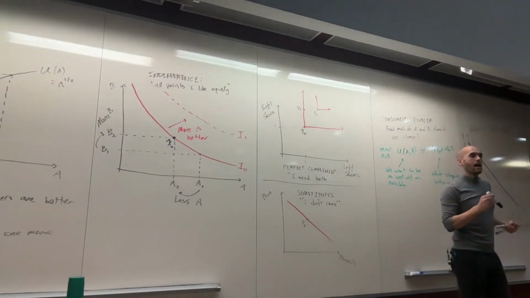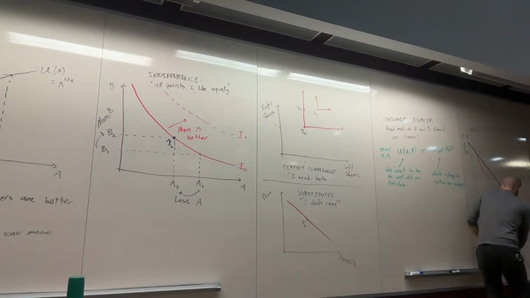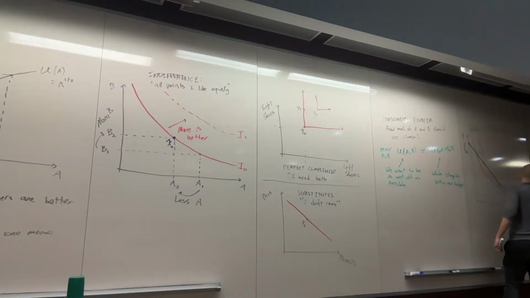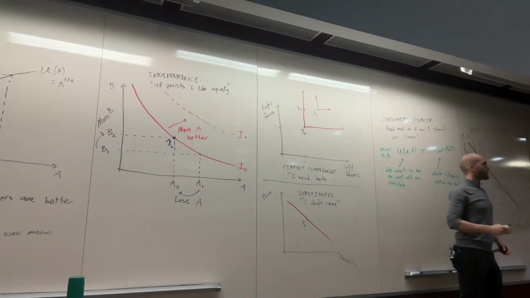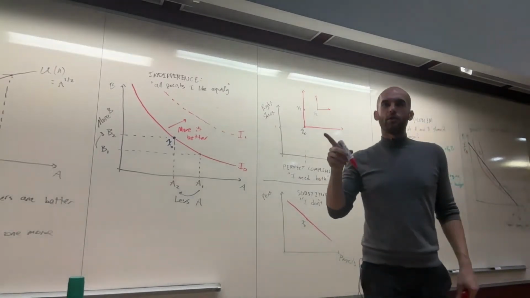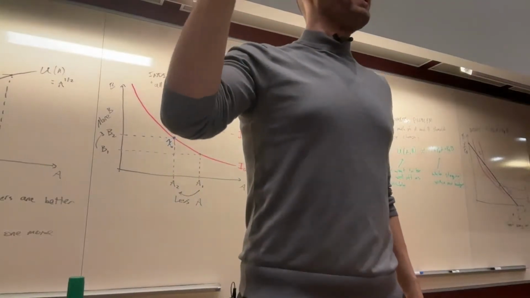But let's say I were to switch from x1 to x2. We're going to go from x1 to x2. I'm going to draw an indifference curve through x2. This is indifference curve 1. How many of you think we like x1 better than x2? How many of you think we like x2 better than x1?